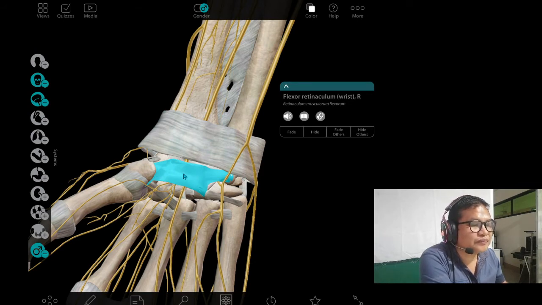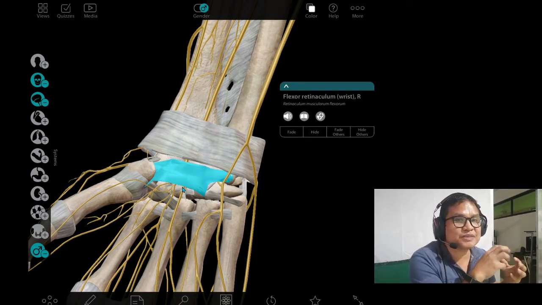Now, the problem is that in pregnant women, usually the joints of the body become lax because of the presence of a hormone. These hormones make your ligaments a little more flexible or elastic. So there is a tendency that the bones will compress the nerve because it is not stable.